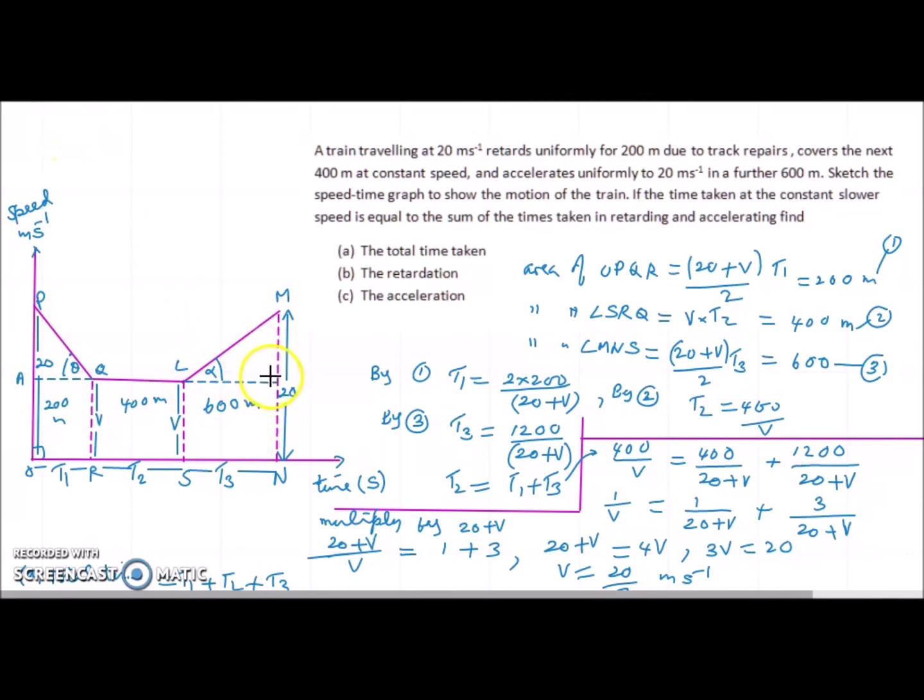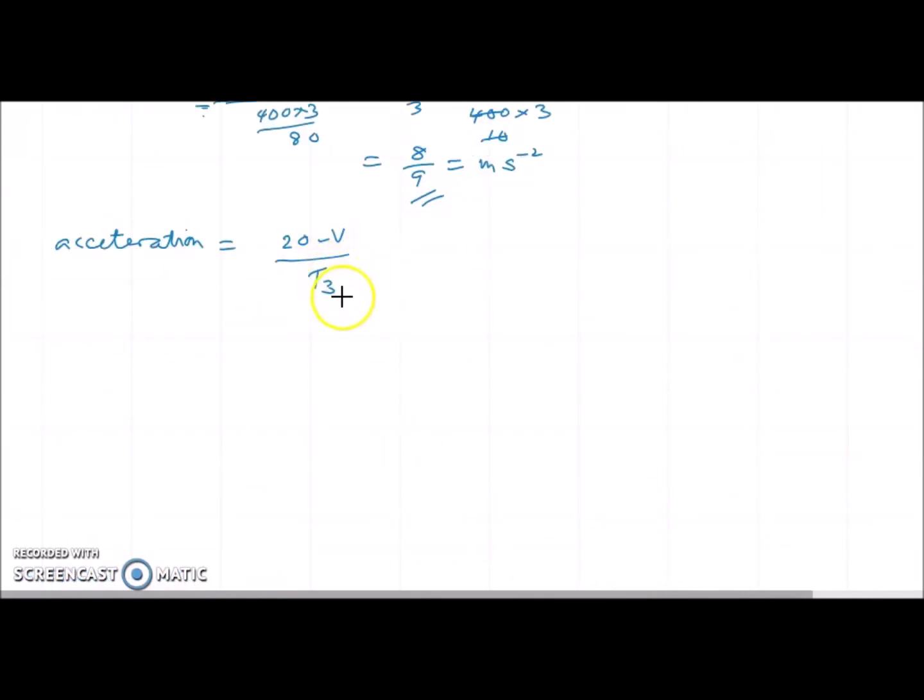Let this point be capital B. Then acceleration is MB divided by LB. LB is t3. What is MB? This is 20, and MB is 20 minus v. So the acceleration is 20 minus v divided by t3. Now we have to substitute v and t3.